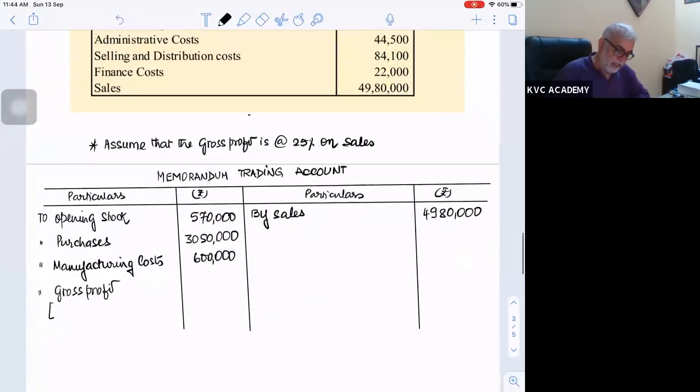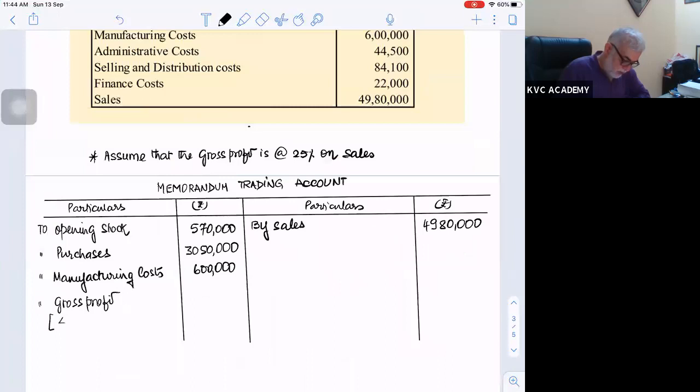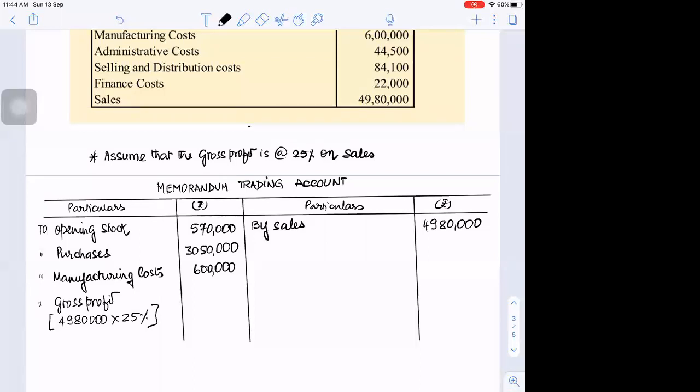My gross profit is 25% on sale. So 49 lakh 80,000 into 25% would be 12 lakh 45,000. Then I total this side.